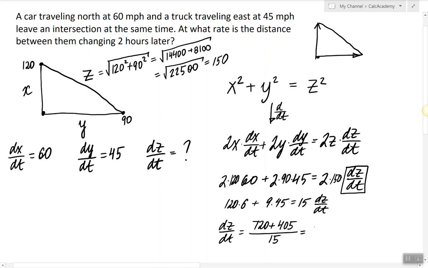So 720 plus 405 is 1125, and dividing 1125 by 15, let's see, 6, actually 7, that's a better choice here.